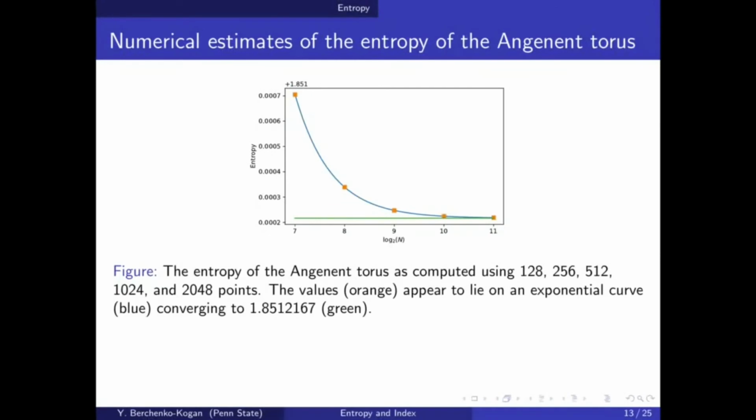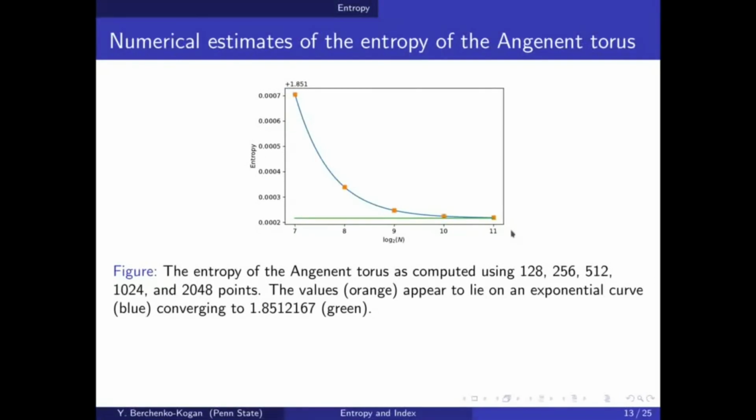So let's talk about how to read this graph. This is the entropy. I want to point out this plus 1.851 here, so this is really 1.8512, this is 1.8513, 1.8514, etc. And this is the log of the number of points, so this is 128, 256, 512, 1024, and 2048.